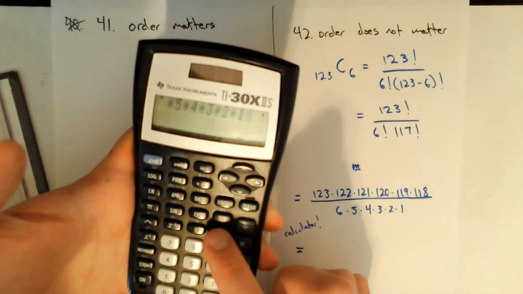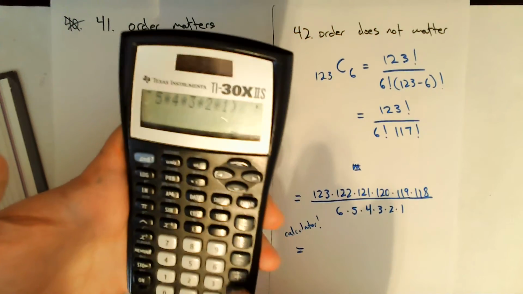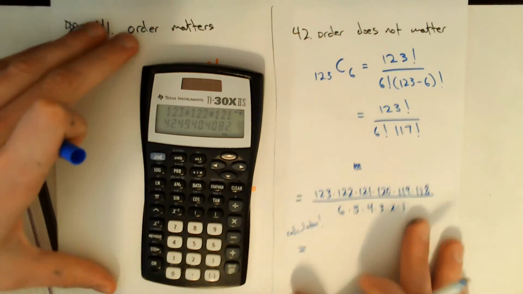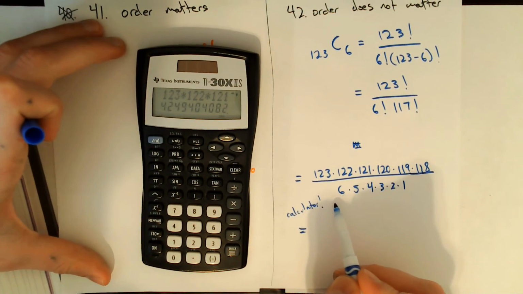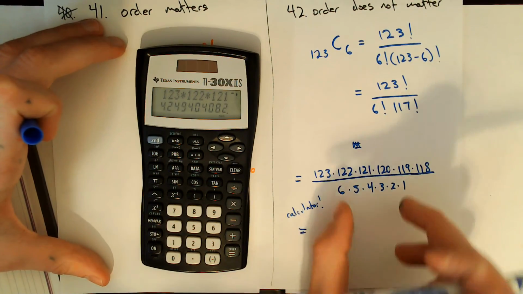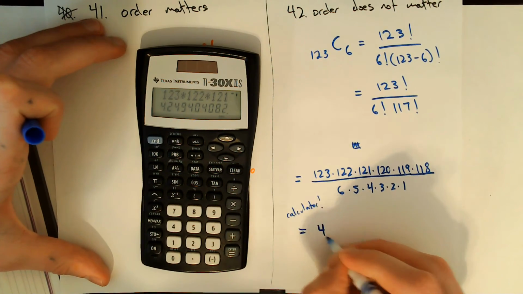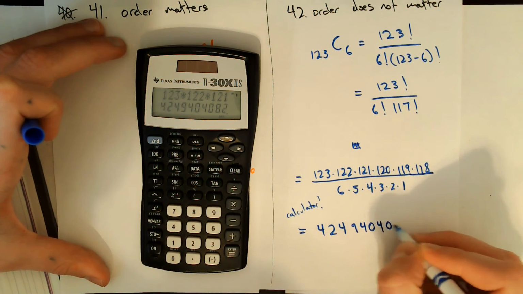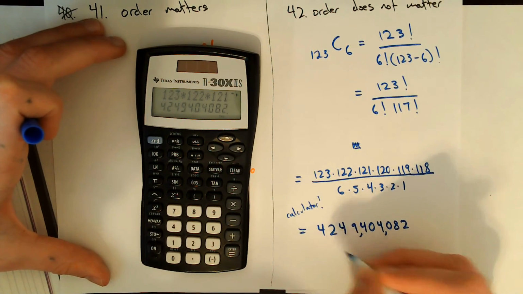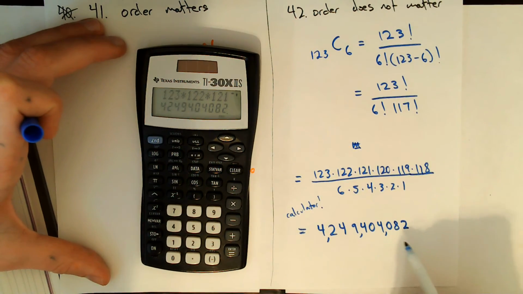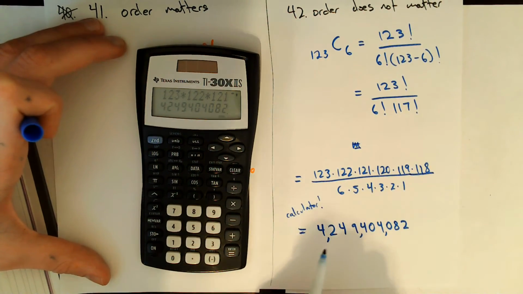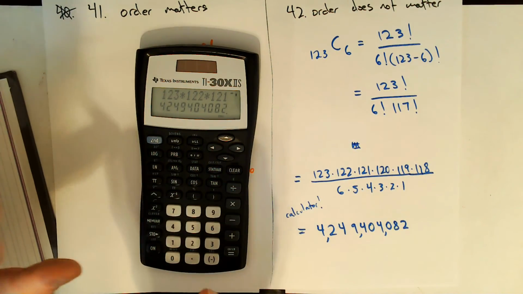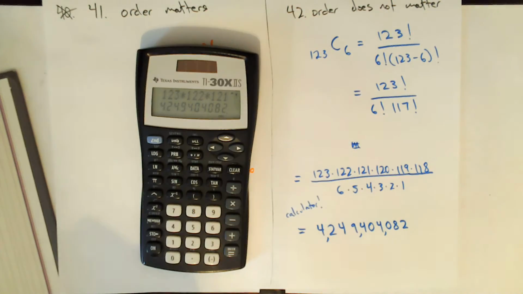Well, times 1 doesn't matter, but oh well, it's already there. Close the parentheses. You have to wrap that product in the bottom in parentheses, otherwise your calculator will think that you're just dividing by 6 and then throwing the rest of the product up top. By the way, what are we getting? 4,249,404,082 possibilities there. Okay.